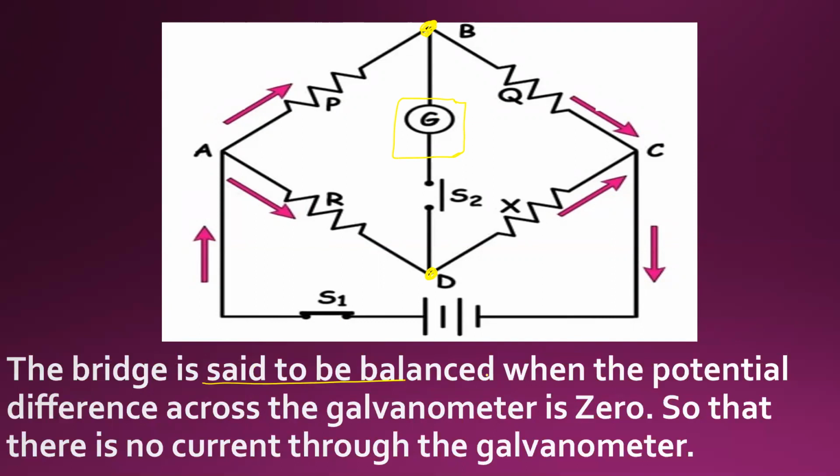This bridge is said to be balanced when the potential difference across the galvanometer is 0.